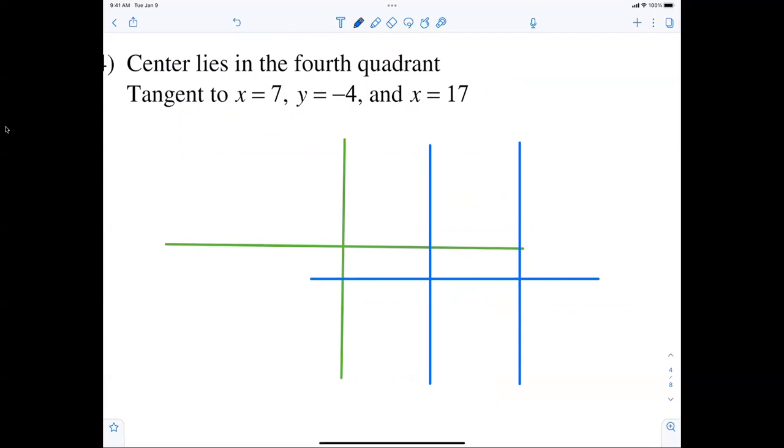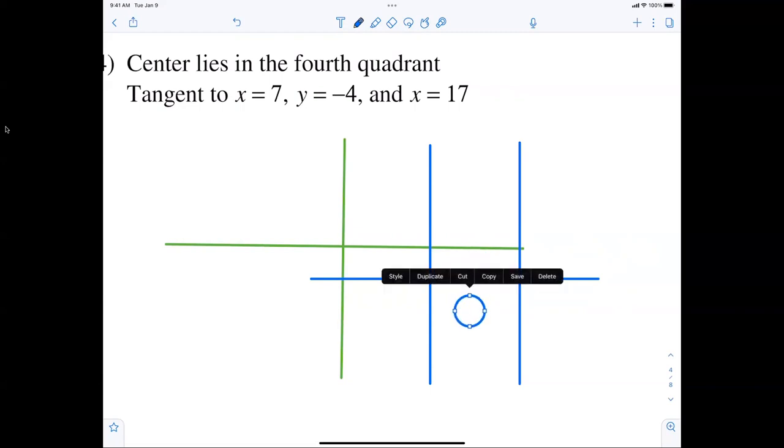It's tangent to all those, and it lies in the 4th quadrant. So to me, it would have to be over here. So the circle would be over here somewhere. Does everybody agree with that? Yeah, it could also be below. Yes, thank you, it could be below.